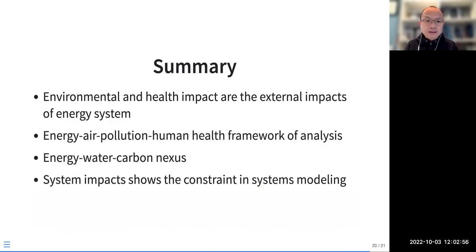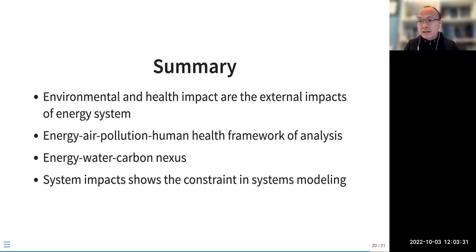To sum up, environmental and health impacts are the external impacts of energy systems, and that's also where human society really pays attention, because we want to reduce those impacts. And the regulation or the mitigation goals, carbon mitigation targets, create constraints to design and operate our energy system.